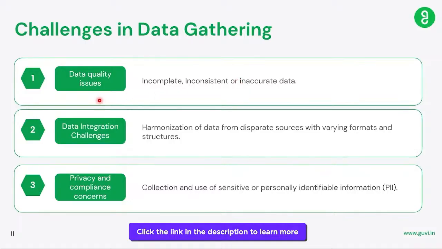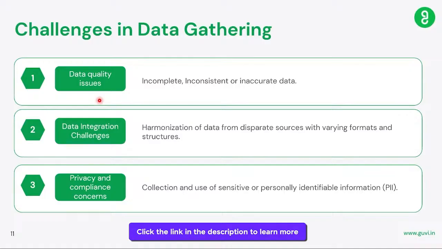The first important thing is data quality issues. One of the primary challenges of data gathering is ensuring data quality. Organizations often encounter issues such as incomplete, inconsistent, and inaccurate data.